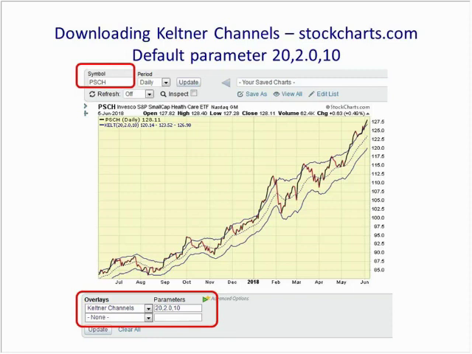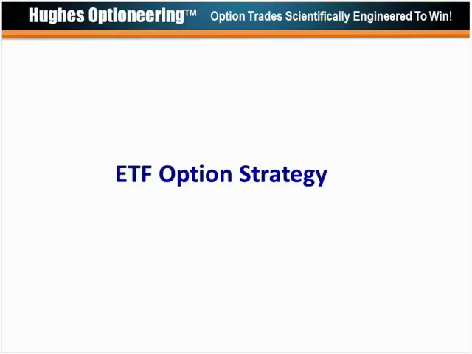So if you want to use the Keltner channels, just go to stockcharts.com, and you can easily display the Keltner channels. And as I said, we just simply use the default parameters, and it's a great tool to help us enter our ETF purchase trades.